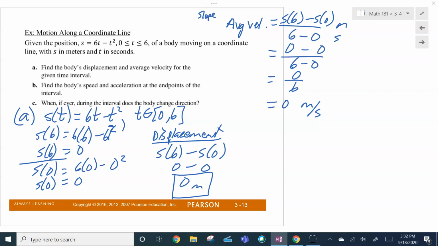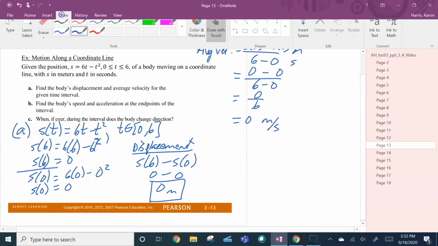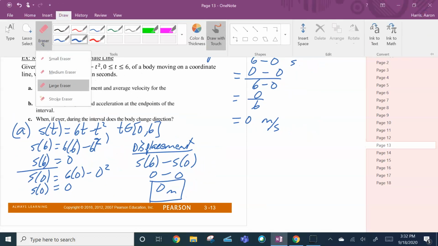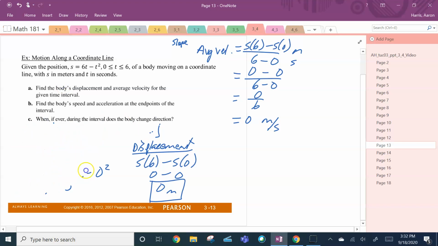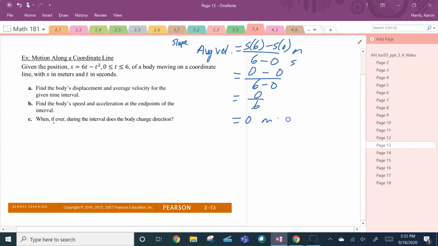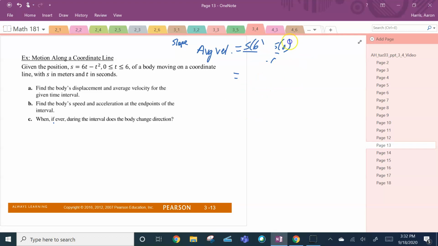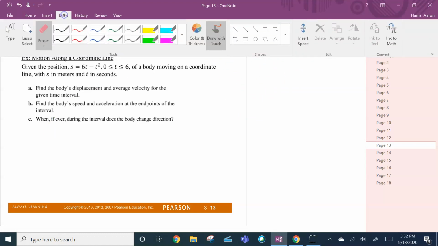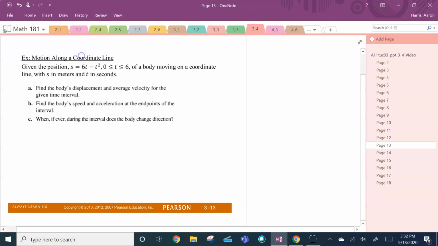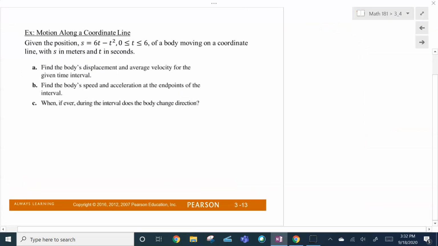B, find the body's speed and acceleration at the endpoints of the interval. Let me erase this thing. All right, to find speed, I know speed is the absolute value of velocity.